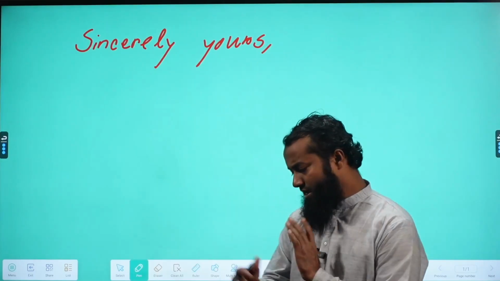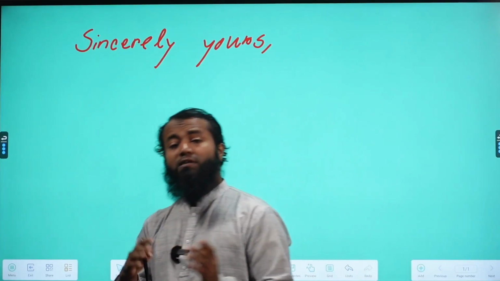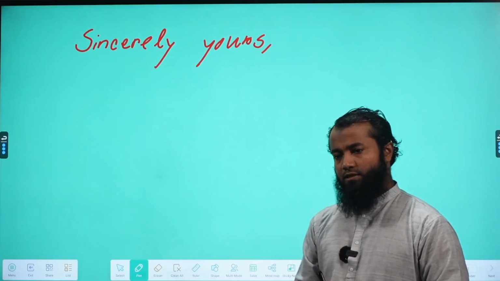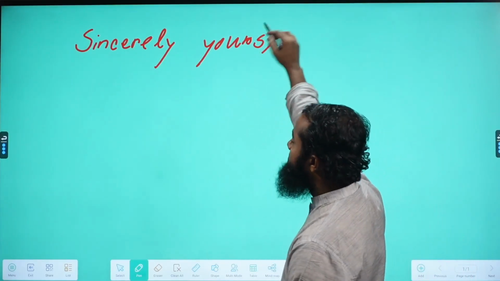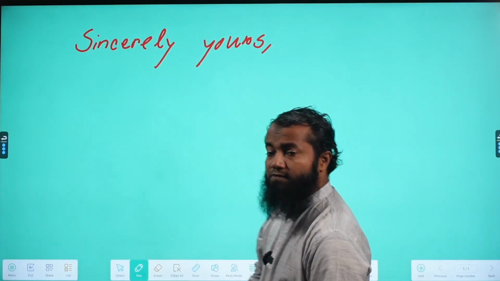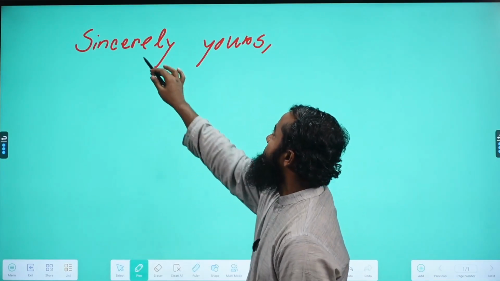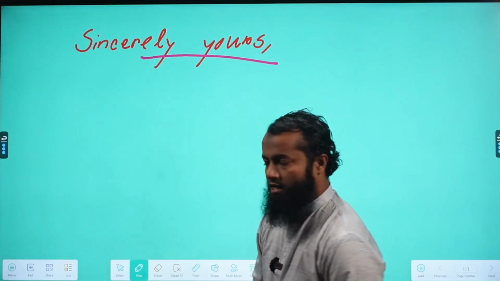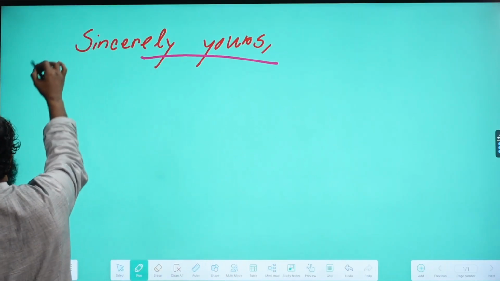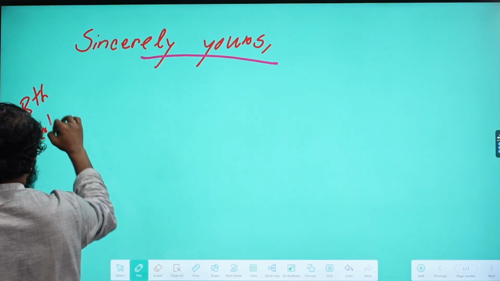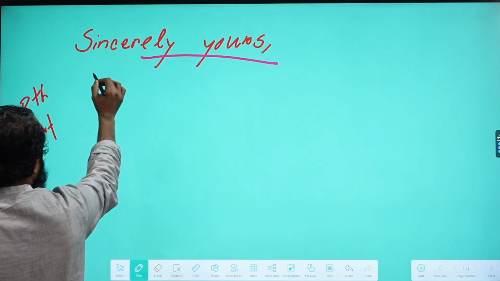Or whenever you are writing to someone who is commanding you, or you are under his command, then you can write obediently yours. And if you are not under his or her command, then you can write sincerely yours, or faithfully yours. And the eighth and final part is your signature.